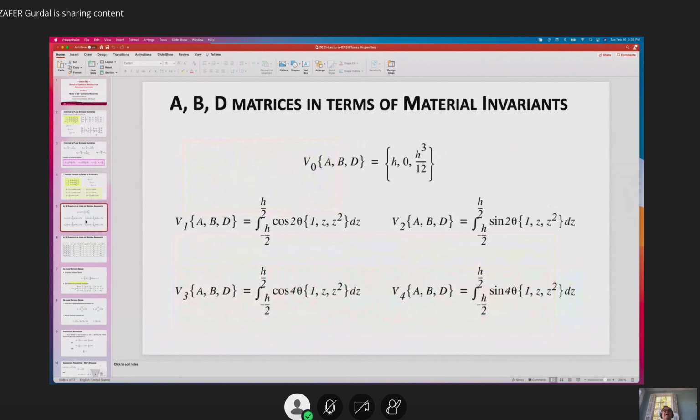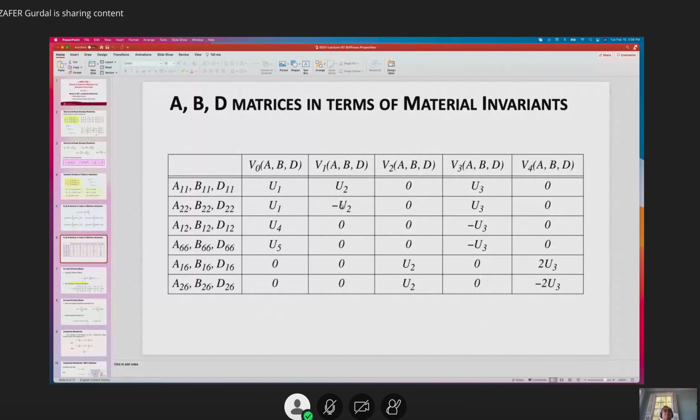And then we wrote the A matrix in terms of what we call these invariants, and came up with a matrix form for the A matrix properties, A11, A22, A12, A66, A16, A26, which are written in terms of V0 for A and V1 for A, so V0 times U1 will be A11 here. What are V0, V1, V2, V3?